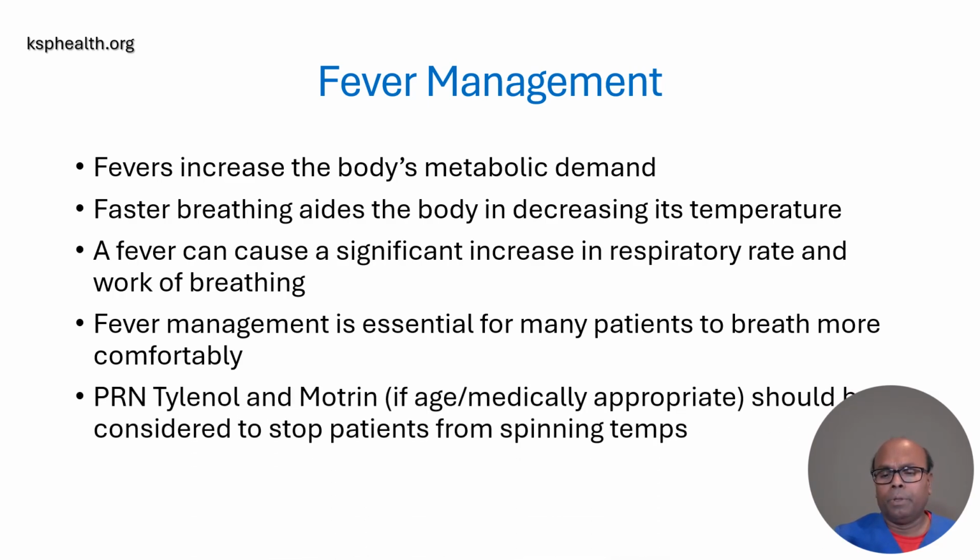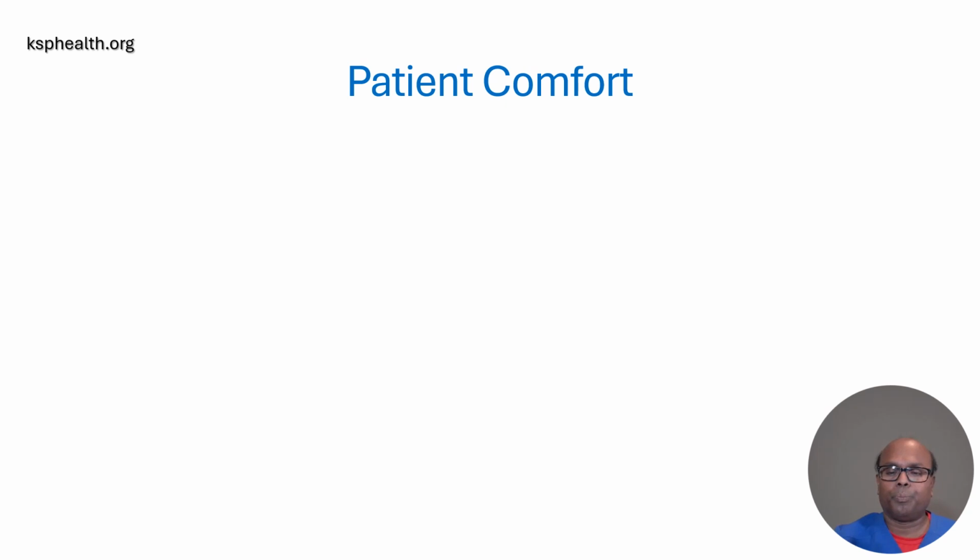Tylenol and Motrin, in the United States called acetaminophen and ibuprofen, if age and medically appropriate, should be considered to stop patients from spiking temperatures. Motrin is not to be used in patients less than 6 months.